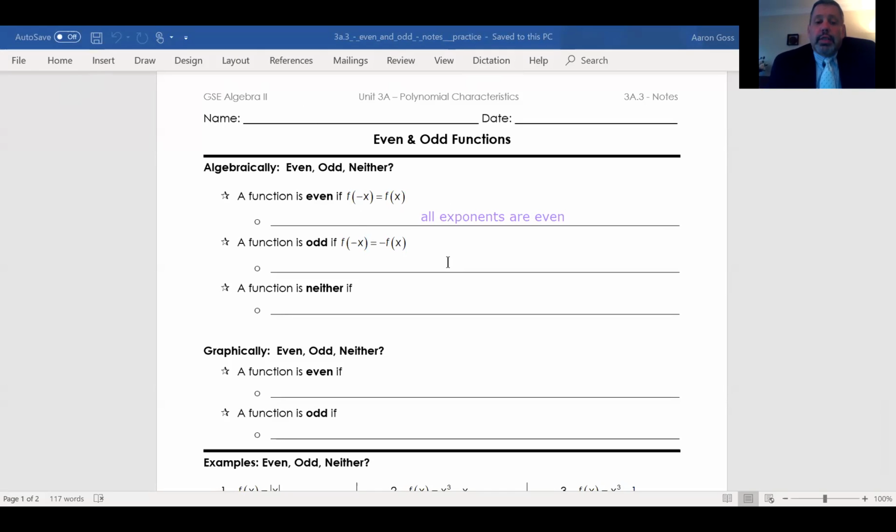So a function is odd. The easiest way I see to do it is to look at all the exponents. If all the exponents are odd, then the whole function is odd.